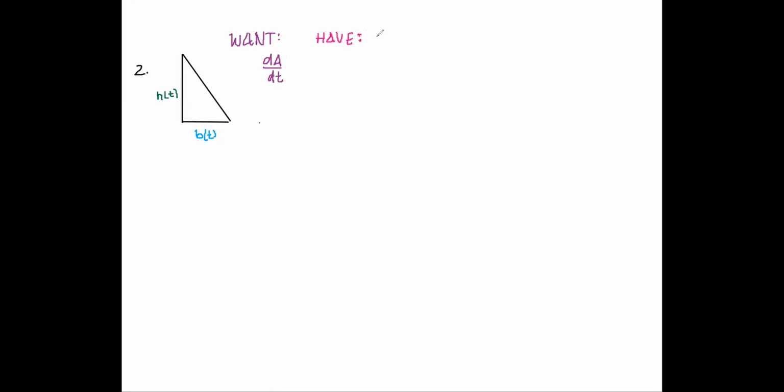We have dH dt, which is 2 meters a second. And then we have dB dt, which is negative 1/2 meters per second, correct? Okay.